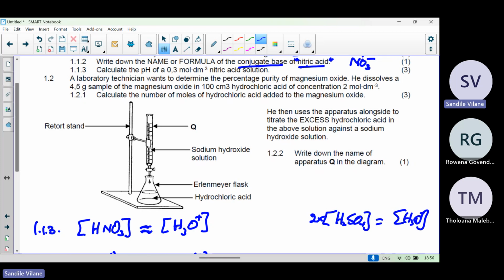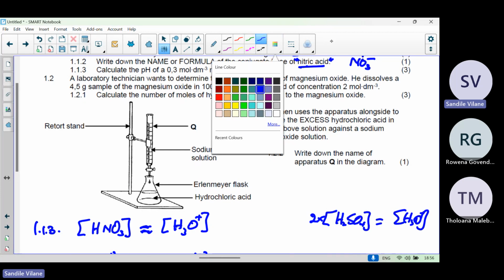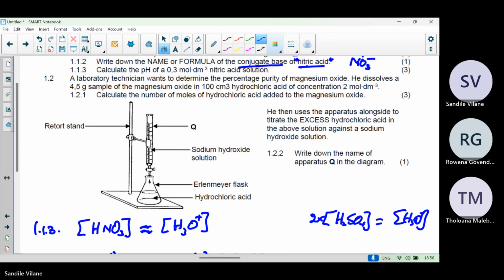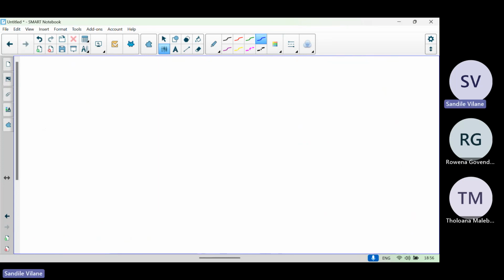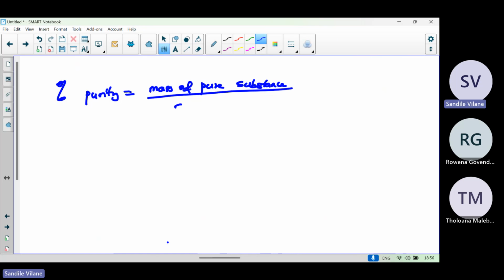Right, listen to what they are saying now. A laboratory technician wants to determine the percentage purity. Remember, your percentage purity can be calculated using the formula: mass of the pure substance without impurities, divided by the sample mass.